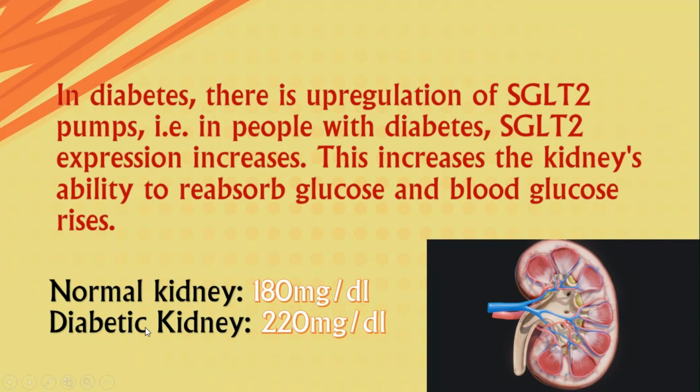That means a diabetic person has more ability to take the glucose back into the blood. Reabsorption capacity is high. Why? Because the SGLT2 pumps in diabetes show higher functioning, or their expression increases.